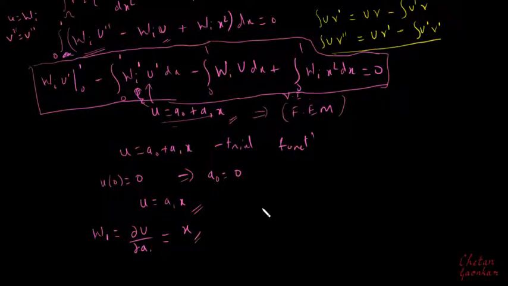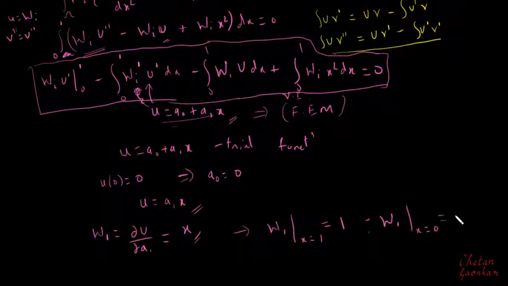So from here we get that w1 at x equal to 1 will be 1, right? And w1 at x equal to 0 will be 0. And these boundary terms are very much required here to take care of this first term.